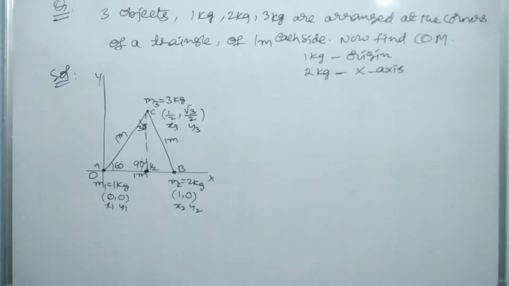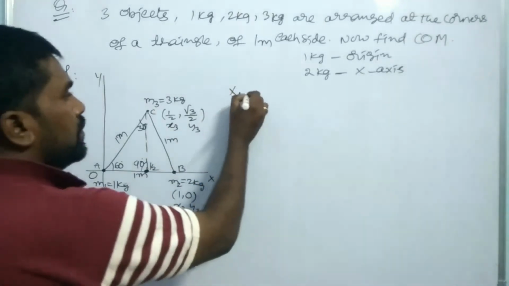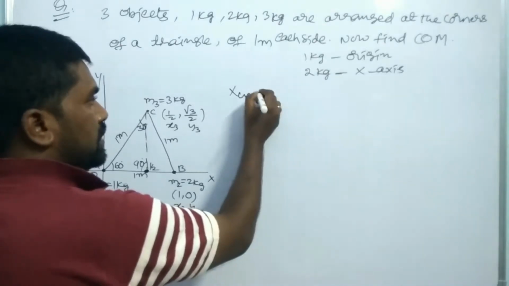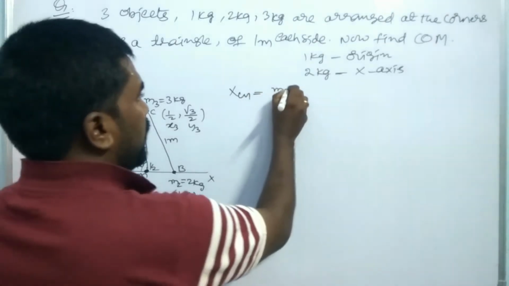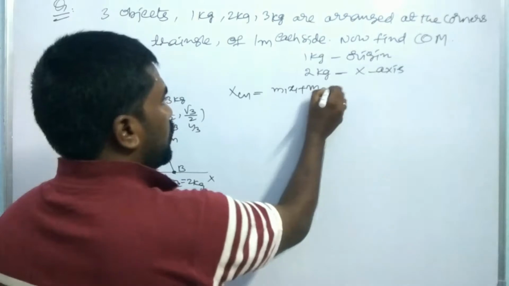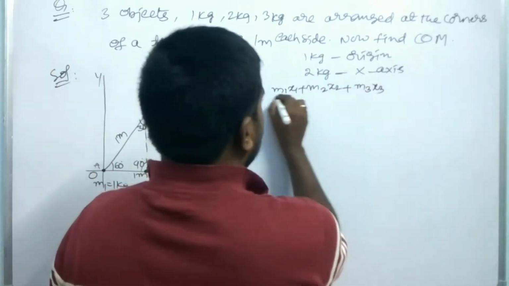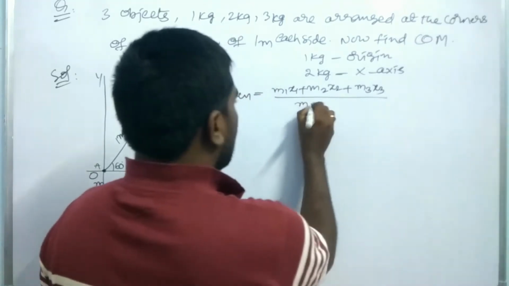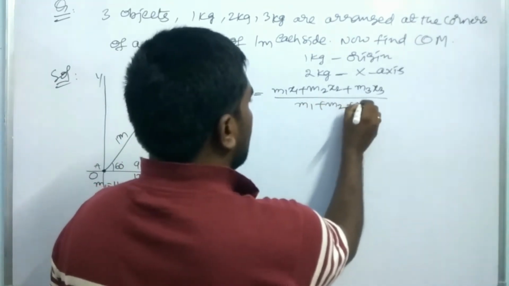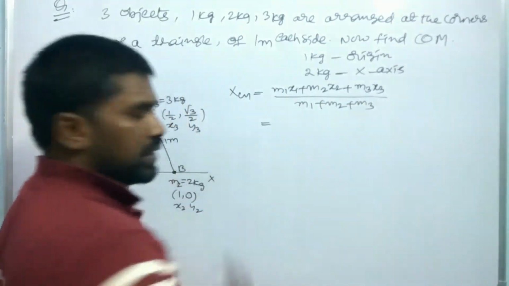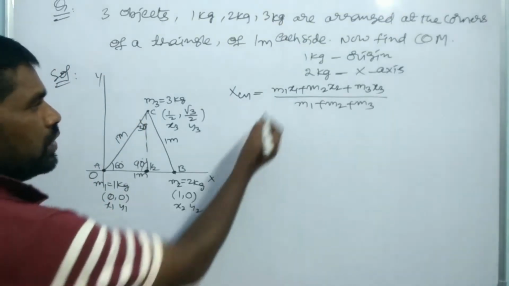Now let us find xcm and also ycm. xcm equals m1x1 plus m2x2 plus m3x3 divided by m1 plus m2 plus m3, since there are three particles.